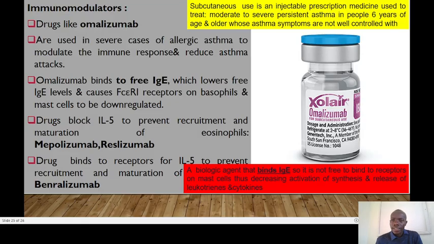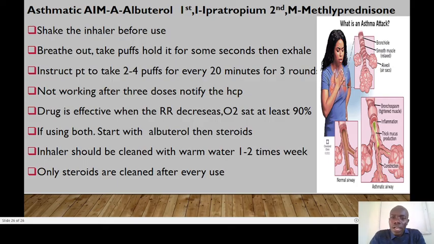All right, guys. What happens when you have an attack? How should you be able to approach it? When you are having this asthma attack, we normally aim to treat using the best reliever first, followed by these other drugs.